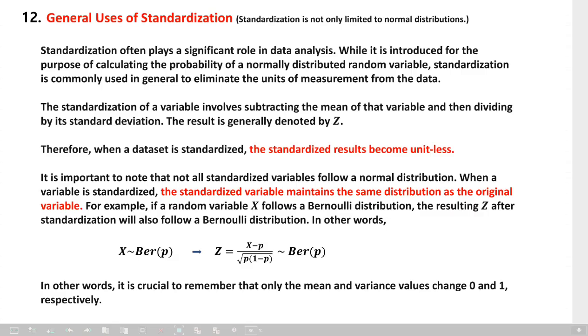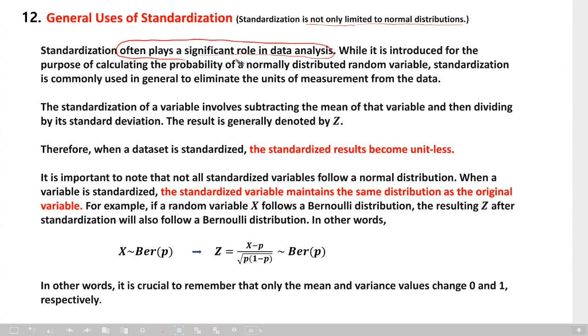General uses of standardization. Standardization is not only limited to normal distributions. It can be applied to any kind of random variable, any kind of data, okay? Standardization often plays a significant role in data analysis.